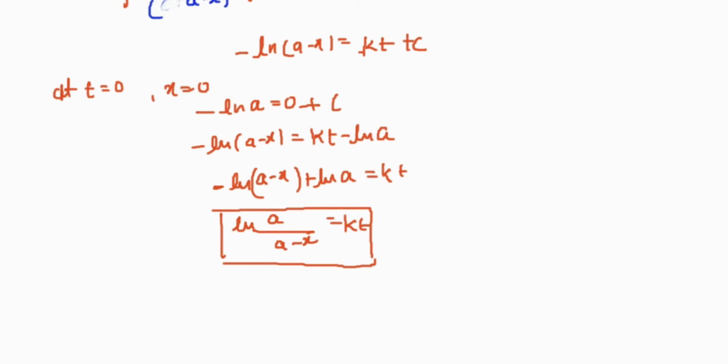Okay, so if we draw a curve between ln(a minus x) and time, it will give this type of curve, which has a negative slope. Here, k equals 1 by t ln a divided by (a minus x).